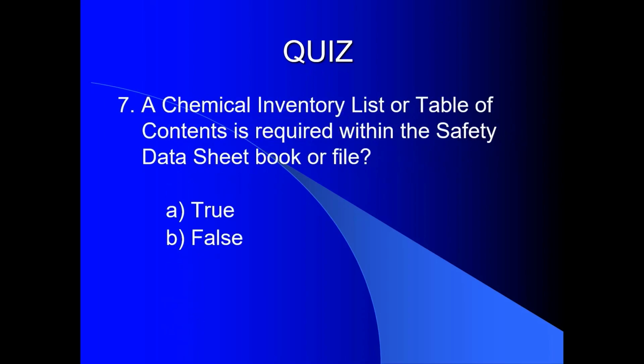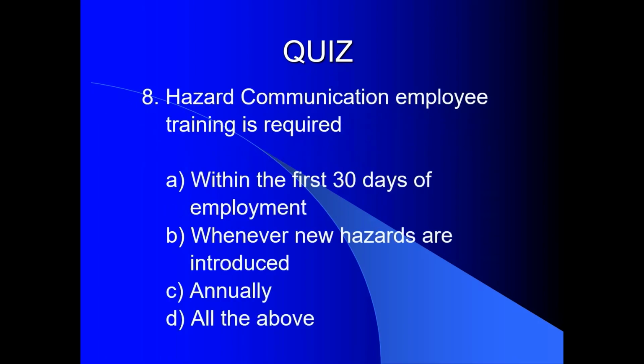Question 7. A chemical inventory list or table of contents is required within the safety data sheet book or file. That is A, true, or B, false. Question 8.